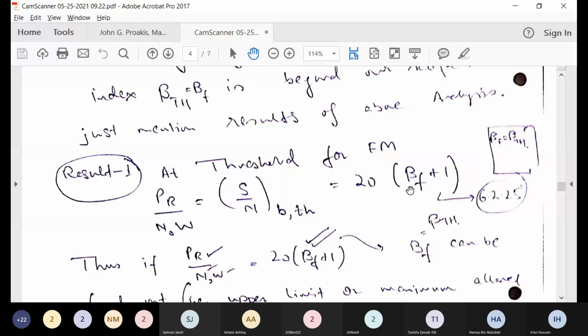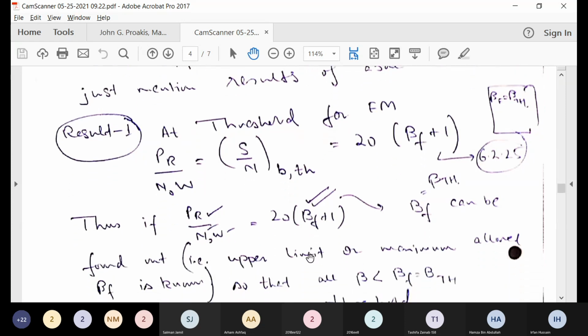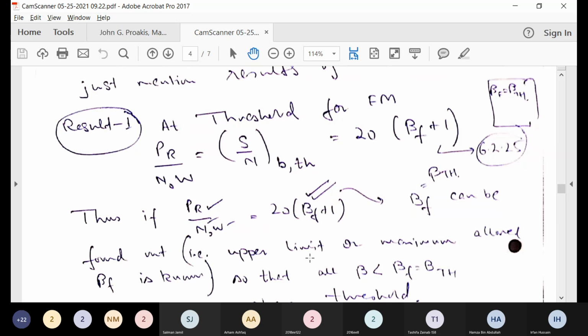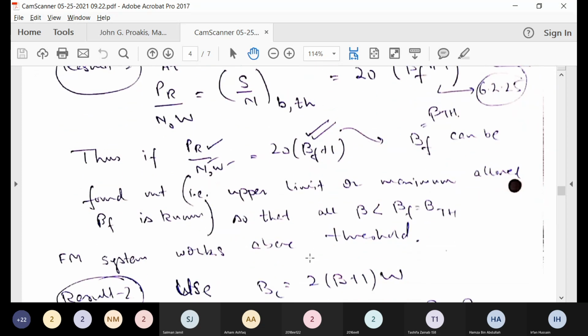So by using this relationship, if I'm given the received signal power at the input of the demodulator and N naught W, I can find the maximum amount of beta that I am allowed to work with. So my beta must be less than this threshold beta, the maximum amount of beta that is allowed.